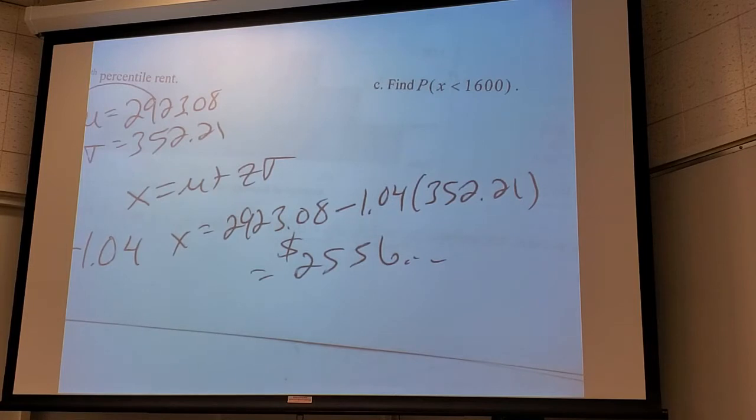For example, how would you try to test a claim? Somebody says, if you take my course, I can improve somebody's SAT score by 100 points, right?